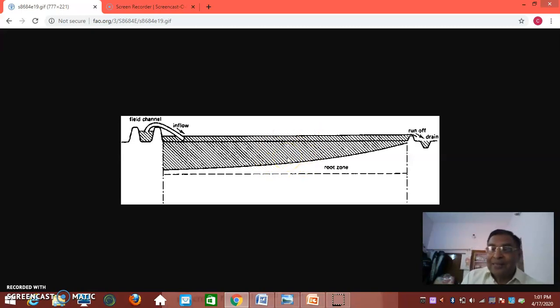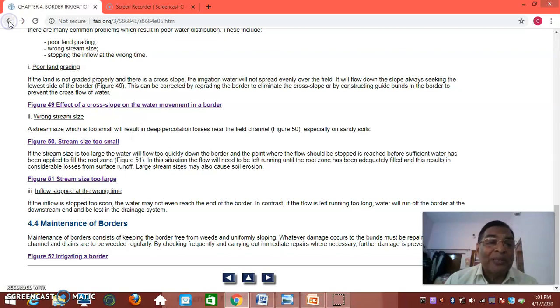That's why the design of a stream is based on the available stream, and then you should fix the length and breadth of the border strip as per the calculations. You cannot simply have something and let it go. No, it is not correct.